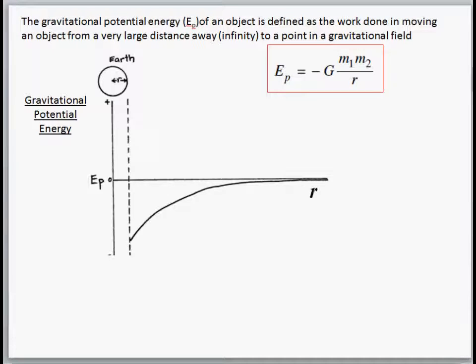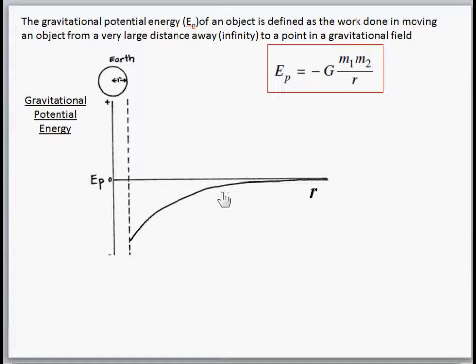If we now look at the equation that's given in the syllabus, it's on your formula sheet as well. It's here in front of you in the red box. We have a couple of terms there that need explaining. The EP is of course the gravitational potential energy. The G is the universal gravitational constant. It's found in your data sheet. M1 would be one of the masses, let's say the Earth.